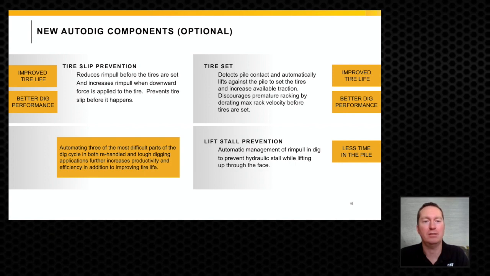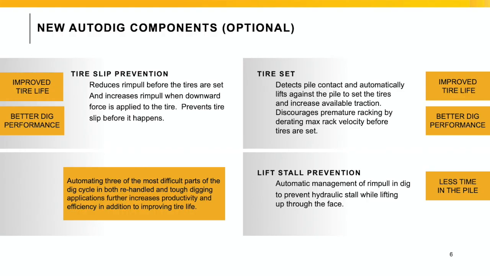So it's preventing the tire slip before it happens. It's a proactive rather than a reactive solution. When the traction is there, you get more rim pull. When the traction is not there, you get less. So that not only gets you improved tire life, but it also gets you better digging performance, moving faster through the pile, which helps productivity.